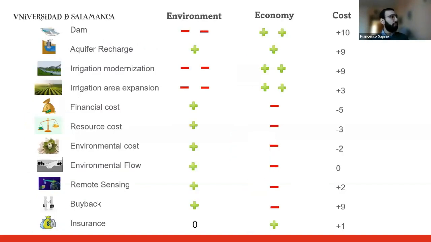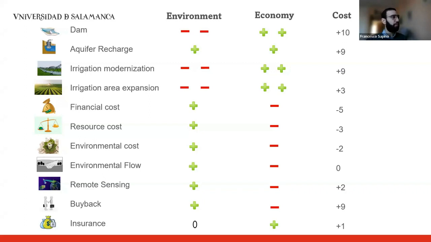Each of these, of course, is simplified because these are really complex policies. You can see that each of these strategies can have an impact, positive or negative, on the economy and on the environment, and it has an associated cost. This is what you should use to make your choice.